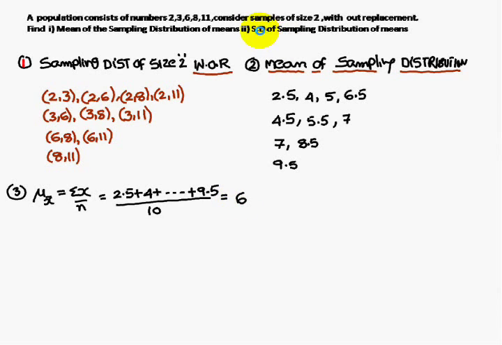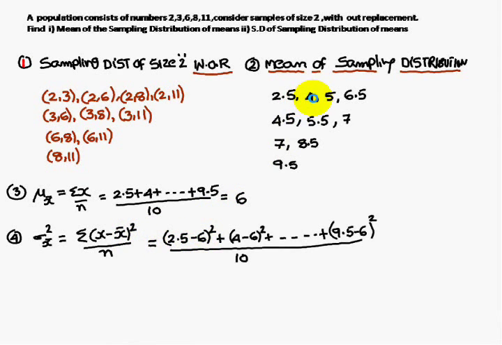Similarly, you have to find the standard deviation of the sampling distribution of means. How will you find it? The formula is sigma of (x minus x bar) whole square by n. Here the mean x bar is 6. So 2.5 minus 6 whole square, next 4 minus 6 whole square, 5 minus 6 whole square, 6.5 minus 6 whole square, and so on, 9.5 minus 6 whole square, all divided by 10.